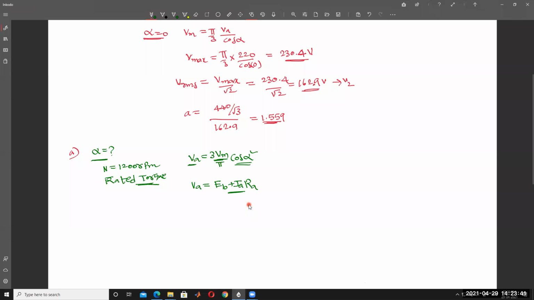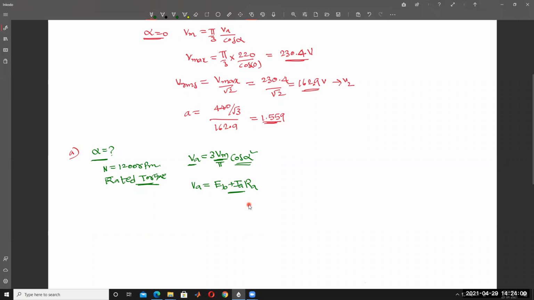From this relation we need to find the back EMF with respect to 1200 RPM.